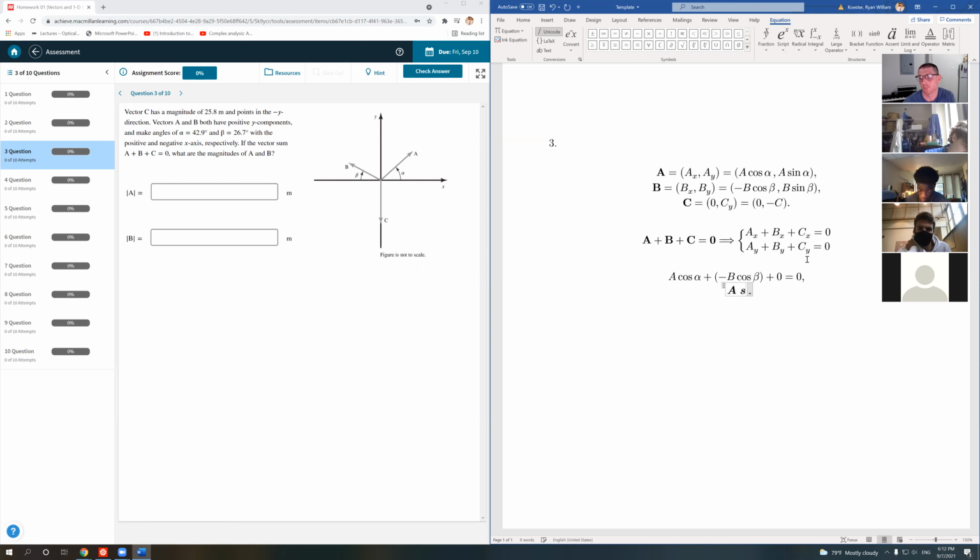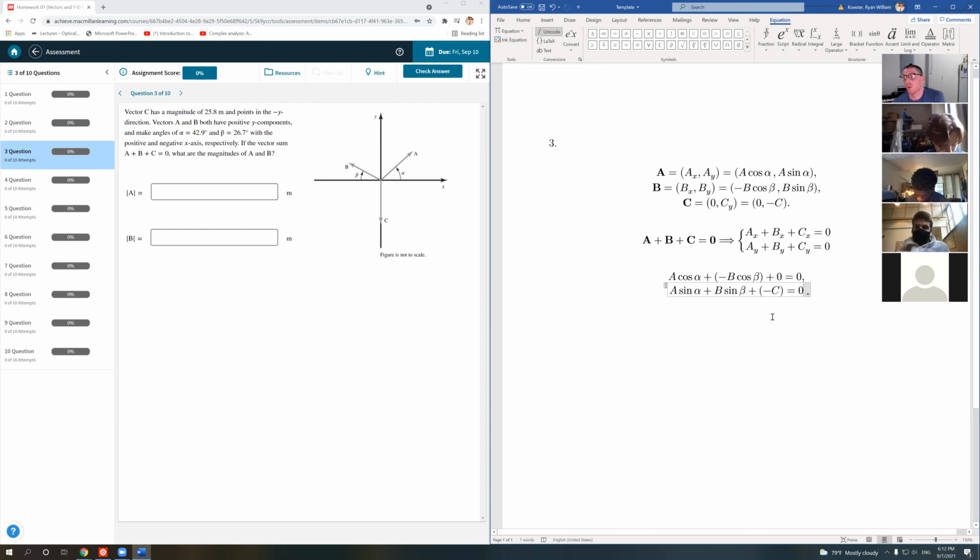We say A sine alpha plus B sine beta plus negative C equals 0. So we wind up with a system of equations, with 2 equations and 2 unknowns. And that is something we can solve, right?